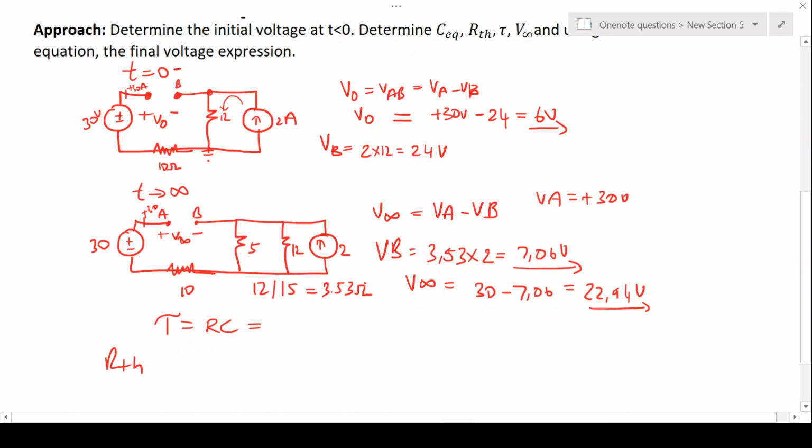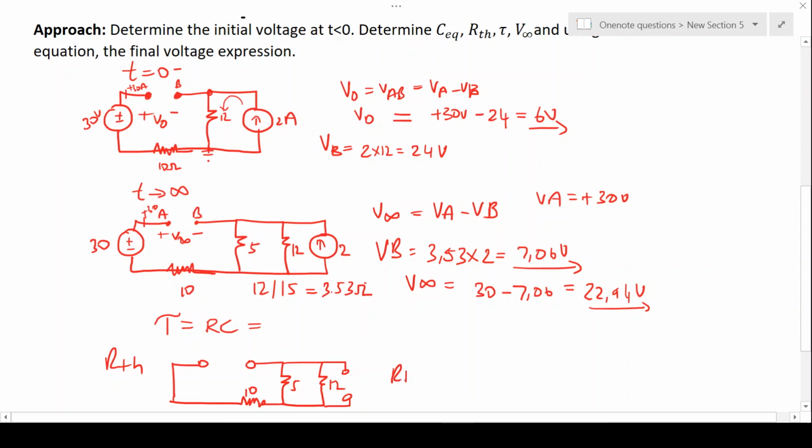So the current source will become an open circuit, and the voltage source will become a short circuit. So you're going to have something that looks as follows, and that will become an open circuit, such that we've got 10 ohms, 5 ohms, and 12 ohms.